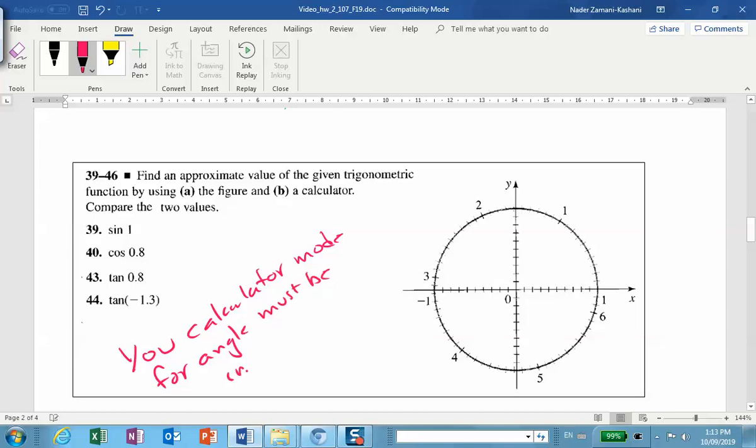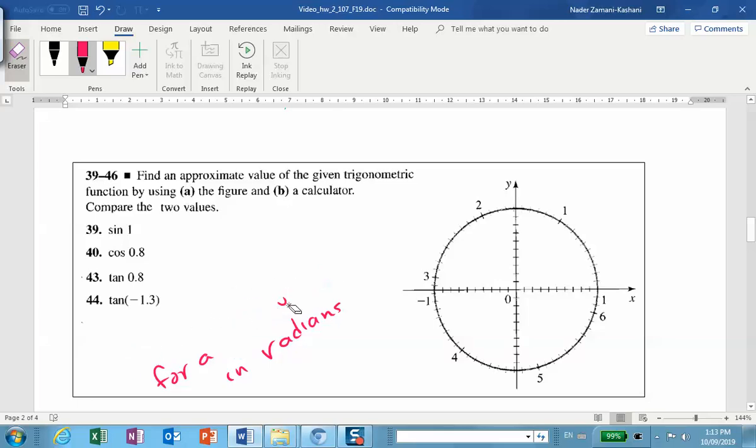Okay, because it says compare your estimate with your calculator, and in order to do that, you need to set it to radians, not degrees. So I'm not going to do the calculator comparison. I'm just going to do the problem as I see from estimating it from this graph.